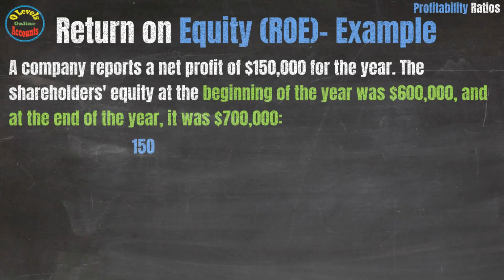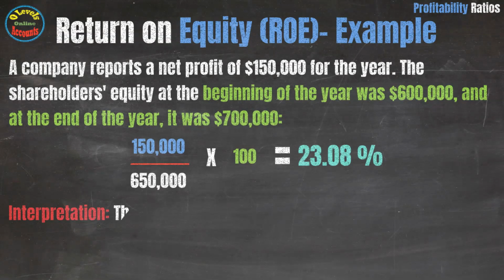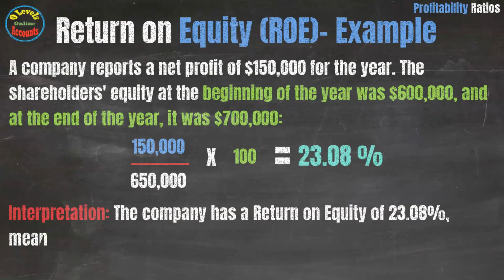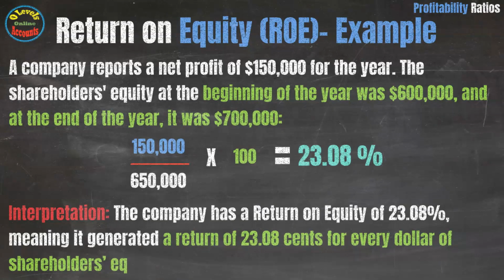For the solution of 150,000 net profit divided by 650,000 shareholders' equity, multiplying by 100, we will get 23.08% as a result of it. Interpretation is that the company has a return on equity of 23.08%, meaning it generated a return of 23.08 cents for every dollar of shareholders' equity.